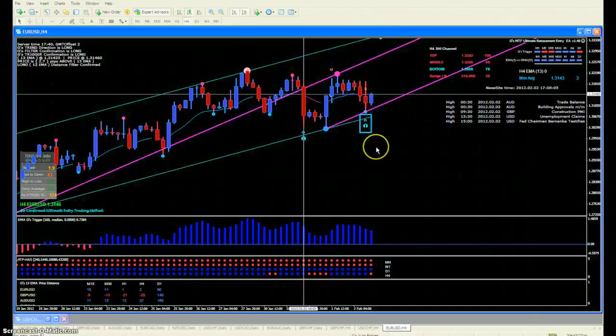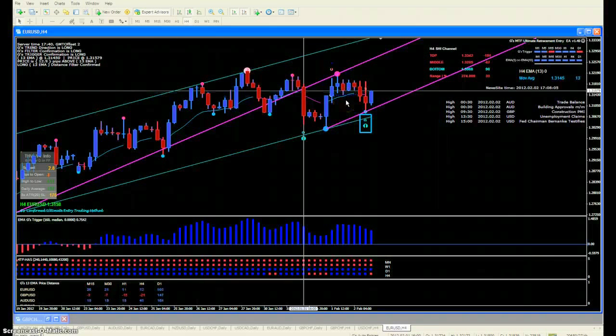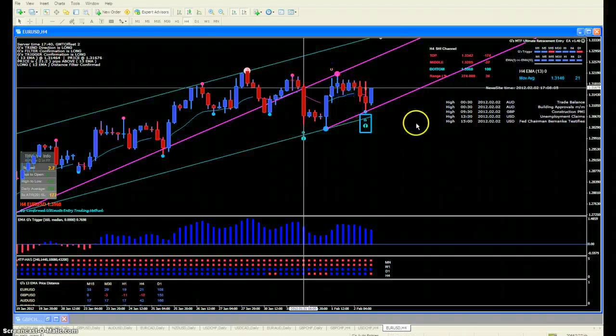That is a good gauge that we use. The closer that we are to the 13 on the 4 hour, the better. The further away that we are, the more risk that there is involved in that trade, because you're entering away from the 13, which is the gauge that we use for confirmation on multiple time frames, including the 4 hour.